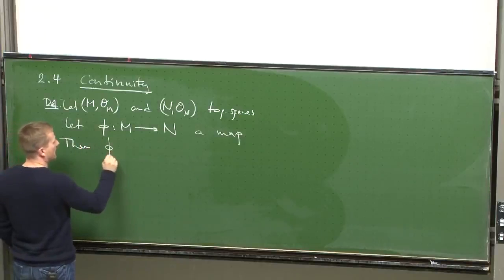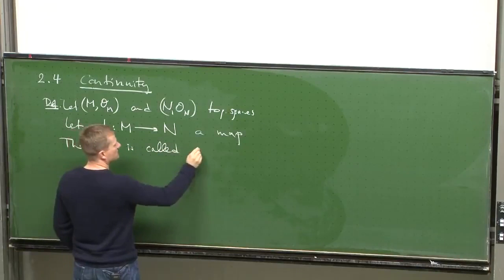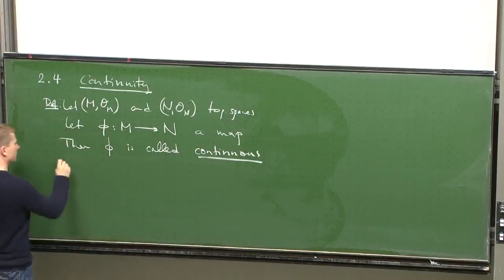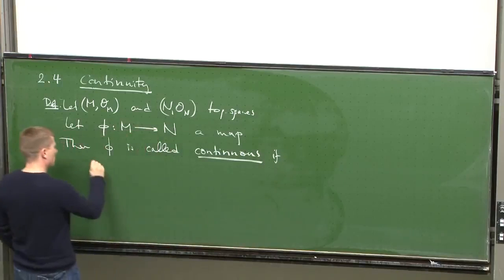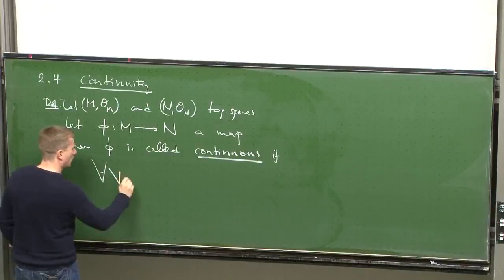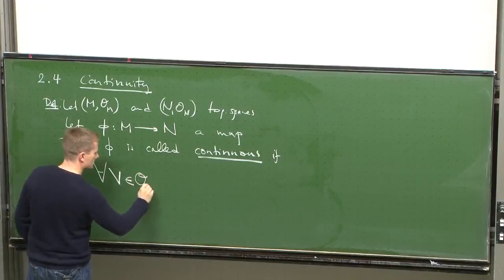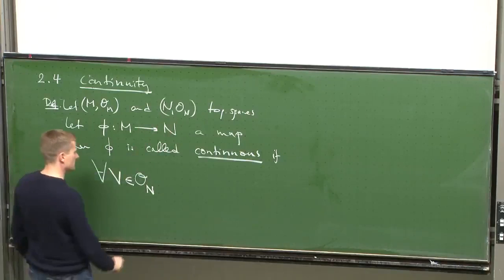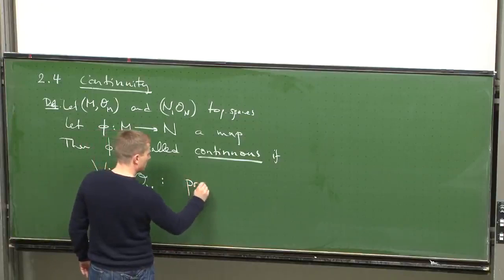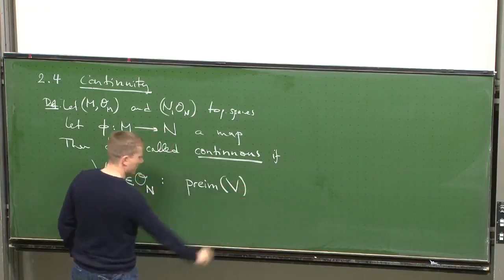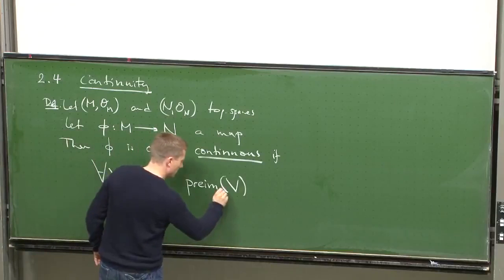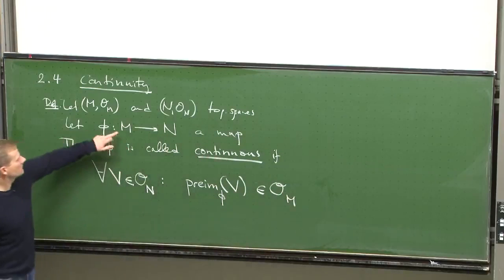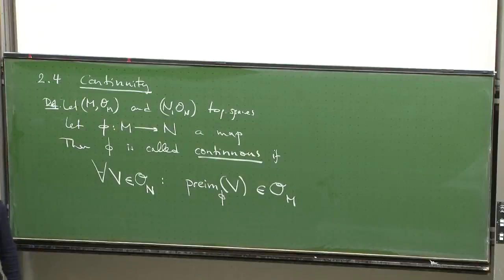Then the map phi is called continuous if for every open set in the target space, the pre-image of this open set with respect to the map phi is an open set in the domain. That's it. That's continuity.